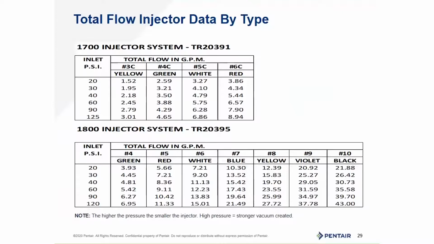If they're using a resin with a 1 GPM total regenerant flow, that would be a 10 GPM per minute injector. So that isn't going to work with a 1700 injector system. You're correct. You would have to go up to an 1800 injecting system.